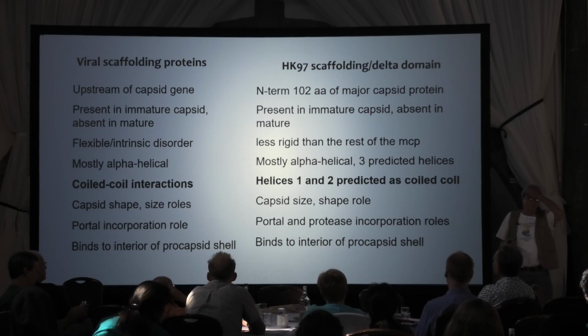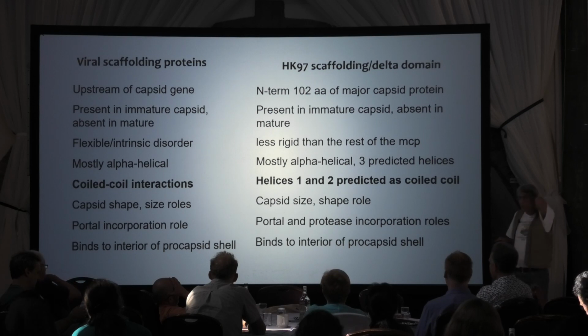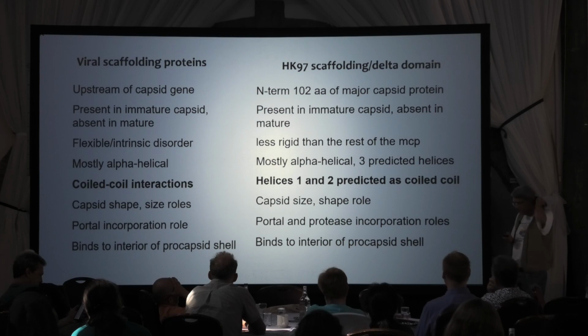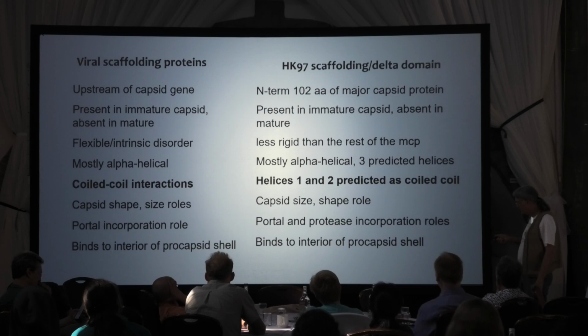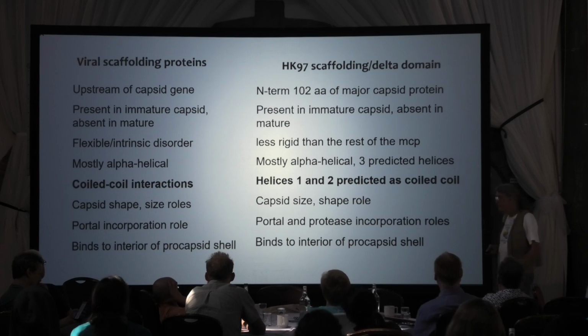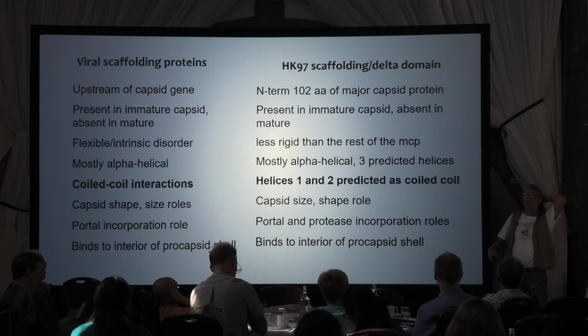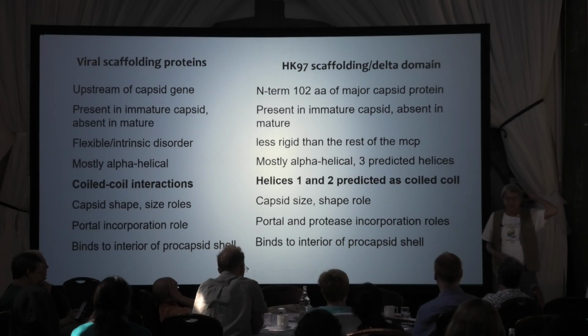As Alexis pointed out two seminars back, in HK97, the portal binds to the scaffolding domain, and that's how it gets incorporated. The scaffold proteins bind to the interior of the procapsid shell. That's how they assist in facilitating assembly, and in other systems they even have other roles, which is to help incorporate additional proteins which will be injected.